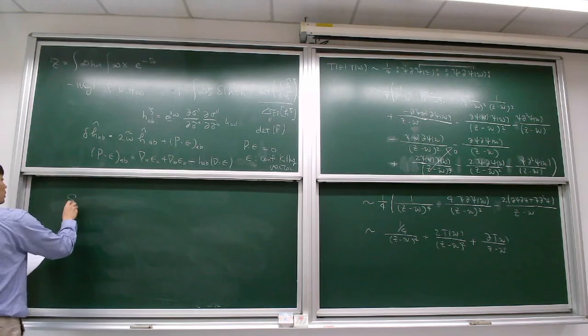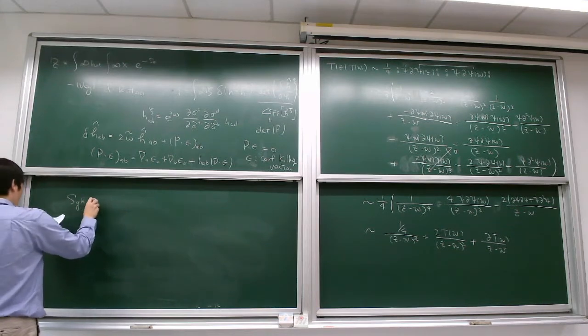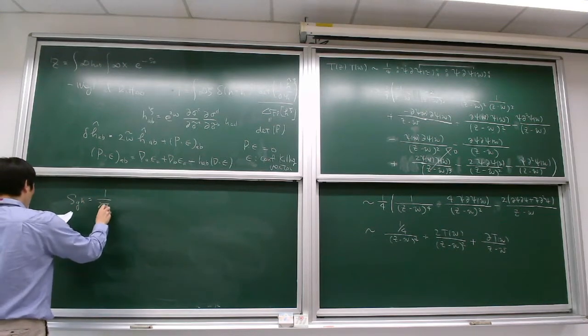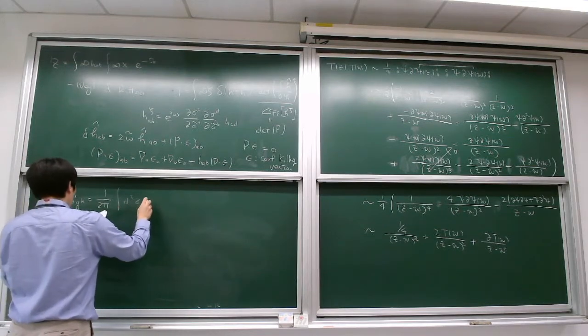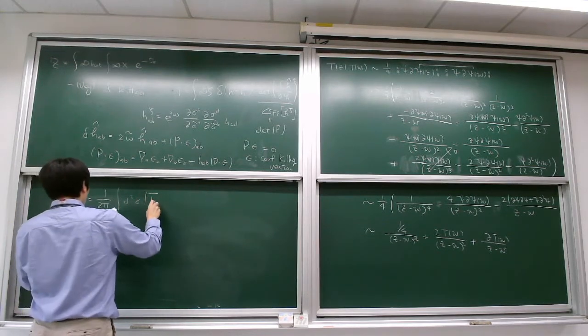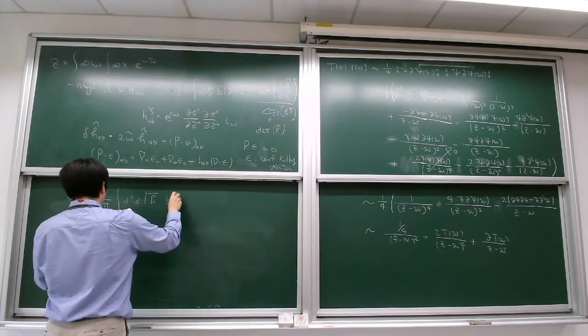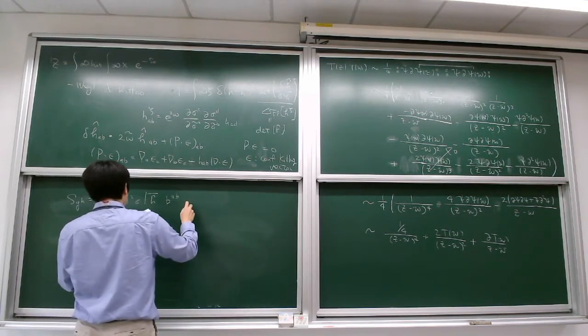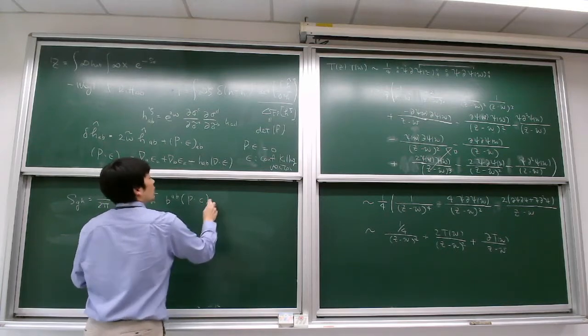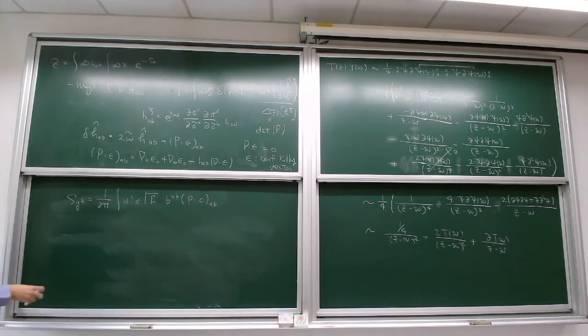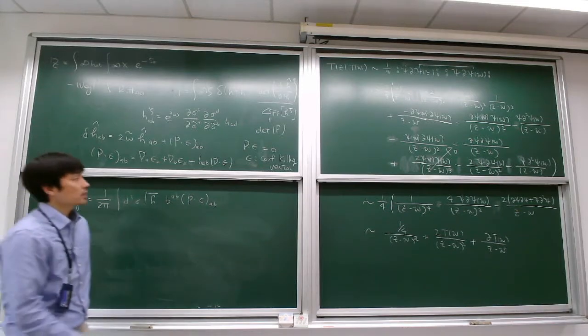So the ghost field action is 1 over 2 pi times the integral of d squared sigma square root h, b_ab P dot c_ab. And note that I missed a point last time.